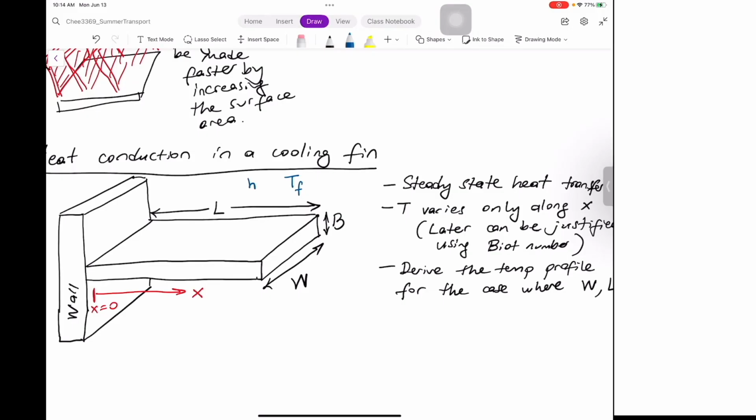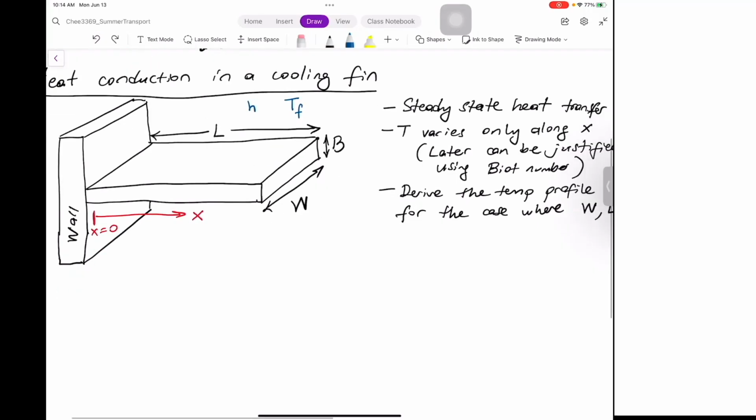So the fluid has temperature TF and heat transfer coefficient H. Now let's model it, and once I derive the temperature profile, I'm going to look for the heat transfer rates and so on.